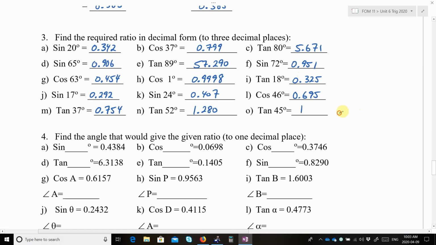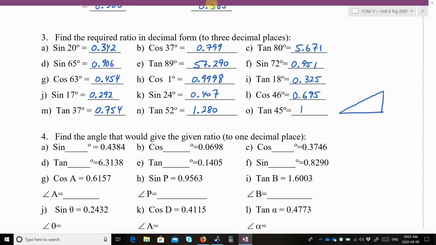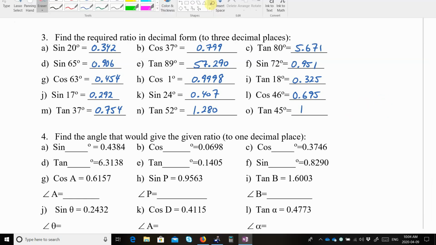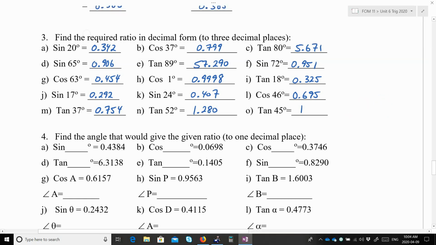Okay, and so of course, again, what that means, guys, is if you were to draw a 45-degree angle, you know how there's the 90, so there's the hypotenuse. Across from the 45 is the opposite, meaning this would be the adjacent.